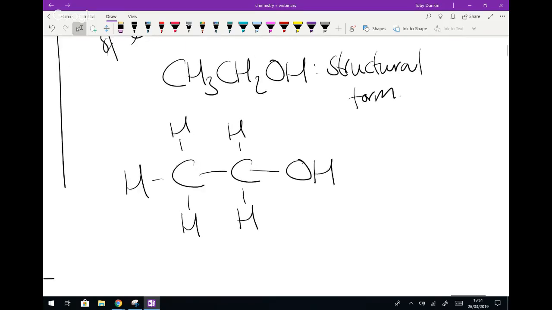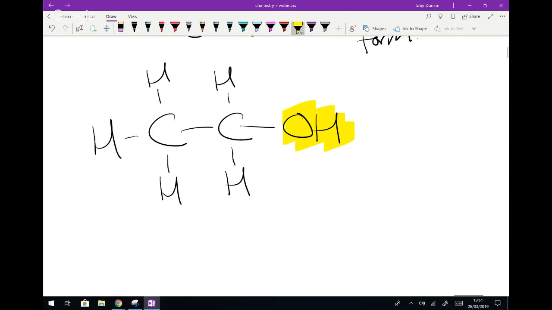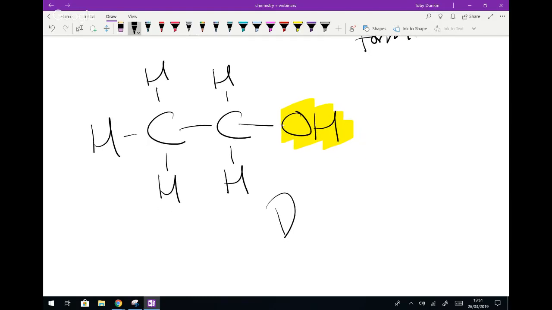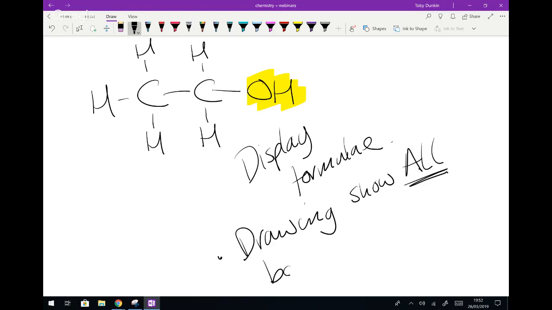Absolutely spot on. The bit that loses you the mark is the OH, because the words displayed formula is a drawing showing all bonds. And it's the internet's fault.